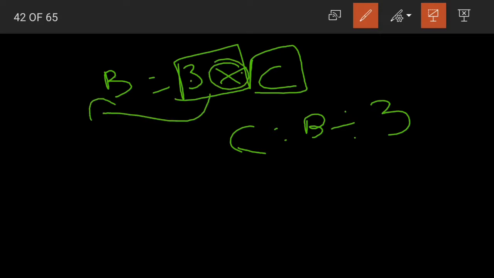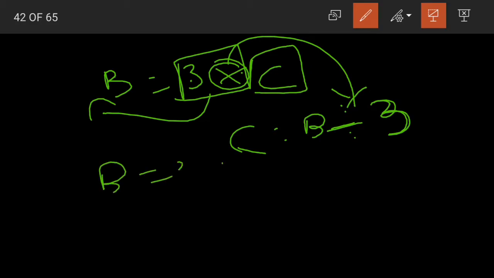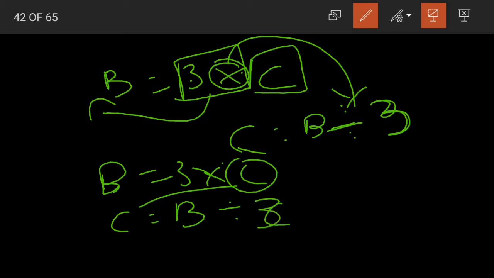Now 3 is in multiplication here, right? So 3 becomes division. The opposite of multiplication is division. B is equal to 3 into C, so C is equal to B divided by 3. C is written as it is, B is written as it is. Only this into 3, when we move it to the other side, it becomes divided by 3.